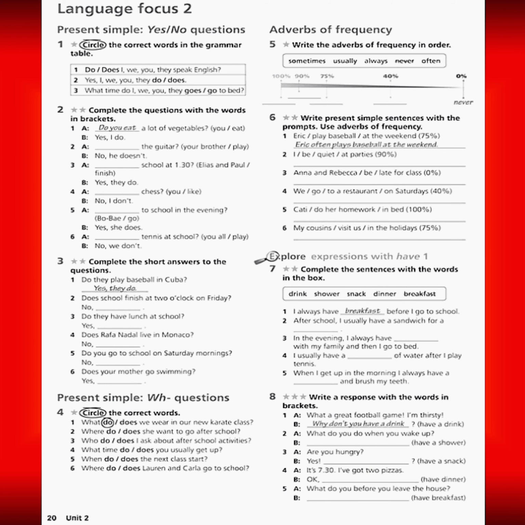Section 4. Present simple WH questions. Circle the correct words. Section 5. Adverbs of frequency. Write the adverbs of frequency in order. Section 6. Write present simple sentences with the prompts. Use adverbs of frequency.